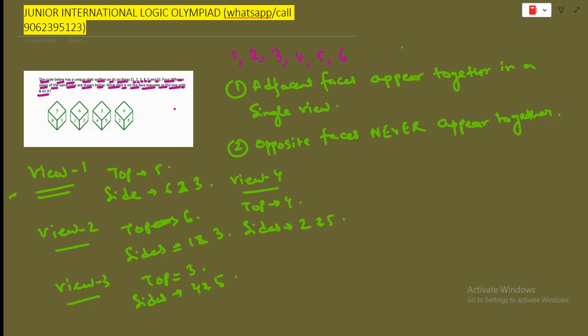Okay. Now our hero is 6. Let's track its friendships. From the views, 6 is adjacent to 5, adjacent to 3, adjacent to 1. So 6 has friends 1, 3, 5. Now a cube face has exactly 4 adjacent faces and 1 opposite face. So 6 has 3 known neighbors, 1, 3, 5, and it must have one more neighbor.